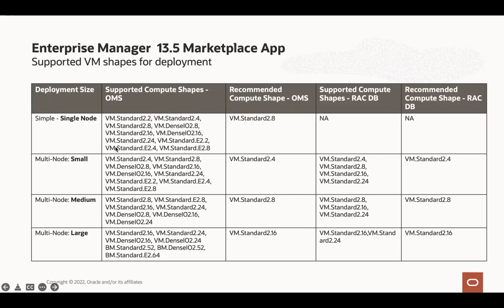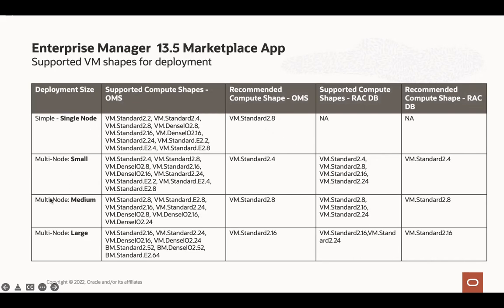So these are all the versions supported, and this is the recommended version for the OMS. And since it is single node, it has the same compute resources for OMS and RAC DB.